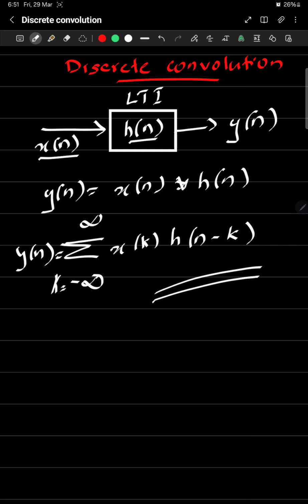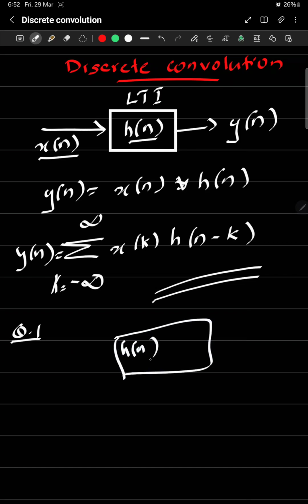Now let us consider an example. Again, here also we will have two methods, one using the direct equation and another using the graphical method. Consider a system having an impulse response h of n and input x of n, and let's try to find the output y of n.